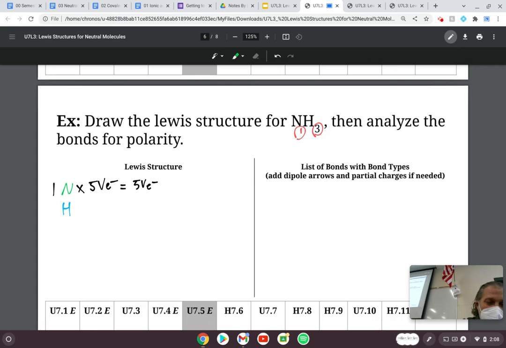Hydrogen, on the other hand, we have 3 of them. And hydrogen has how many valence electrons? 1 valence electron, I figured. So now we have 1 times 3, which is 3 valence electrons total. We're going to add that up for 8 total valence electrons.